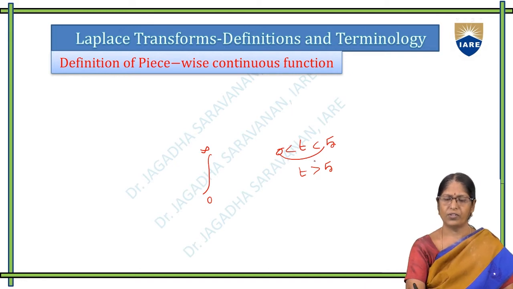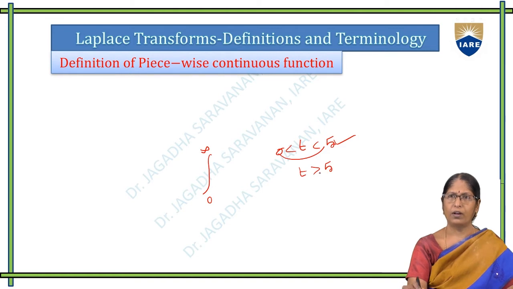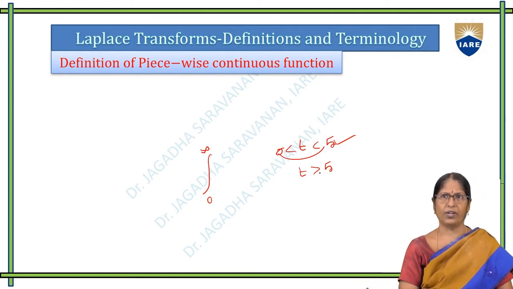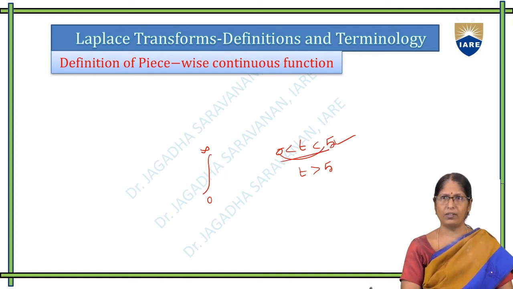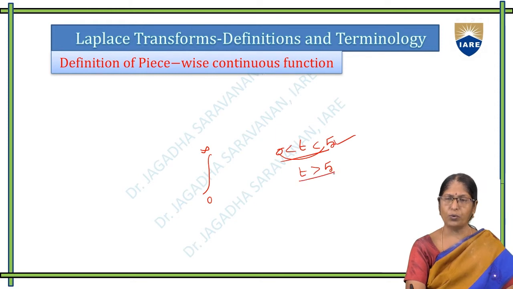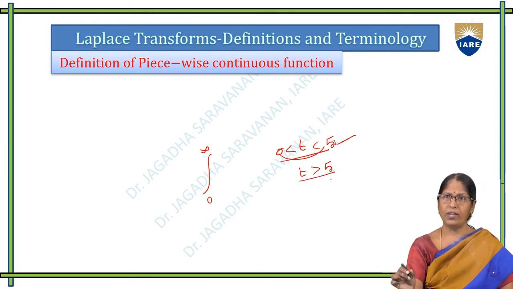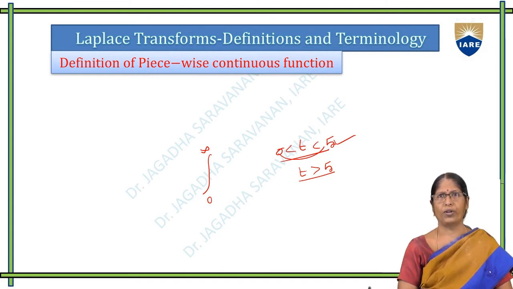They are discontinuous at the joining point, but each particular interval is continuous. So we can see it very well; such a type is piecewise continuous.